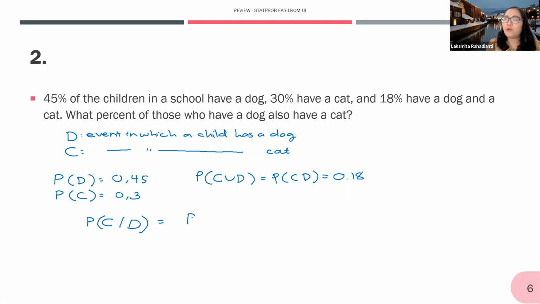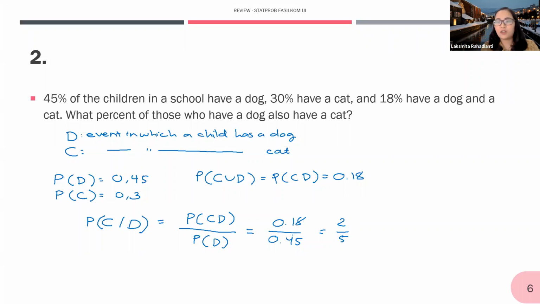So here we have to put out our friendly neighborhood conditional probability formula, and then we can obtain 0.18 over 0.45. You can use your calculator to compute it. 2/5, I think, should be. Or you can use your calculator, 0.4 or whatever.